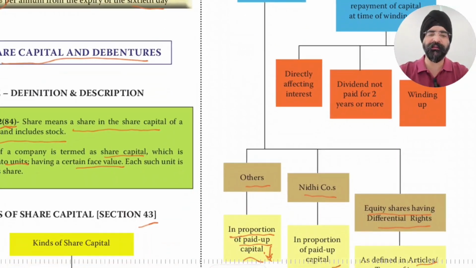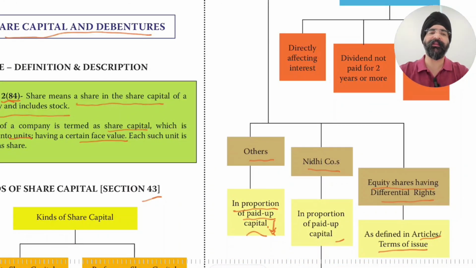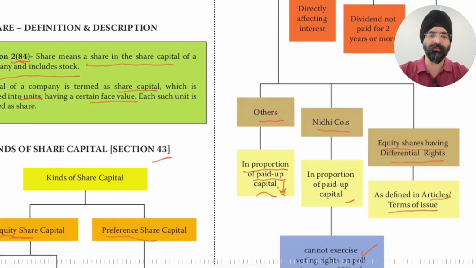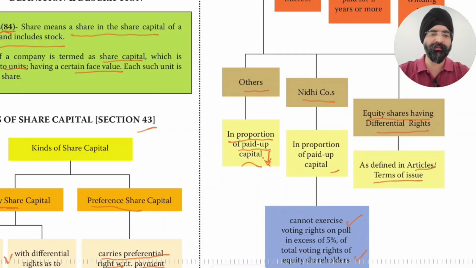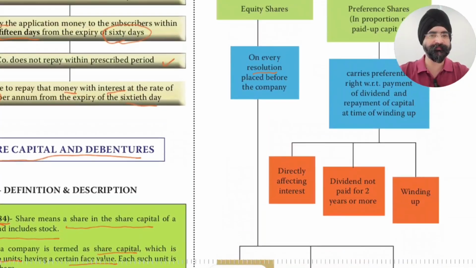This is specific to Nidhi companies because they are formed like a society for a community, for mutual benefit. It is a mutual benefit organization. So each member cannot exercise more than 5% of total voting rights.